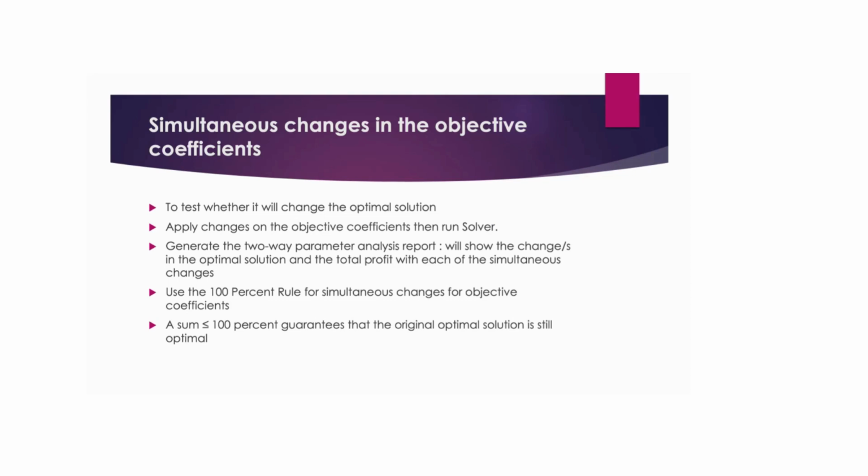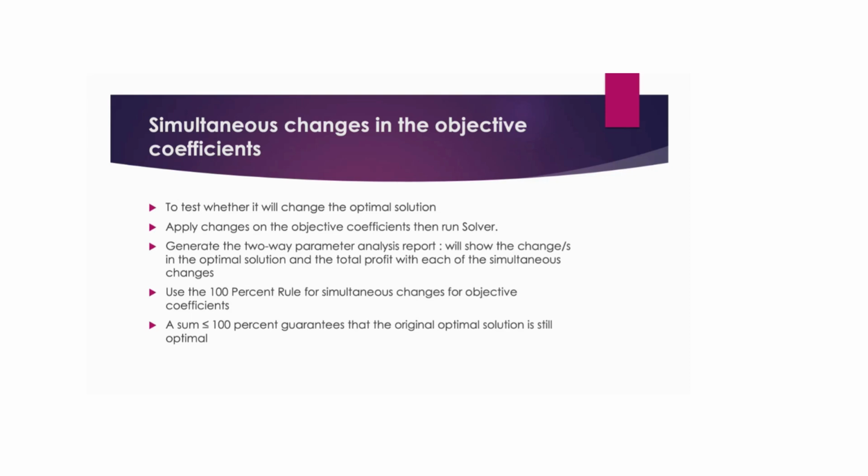The simultaneous changes in the objective coefficients involve testing whether these simultaneous changes will change the optimal solution. Because management would want to know if the optimal solution is guaranteed to remain unchanged.